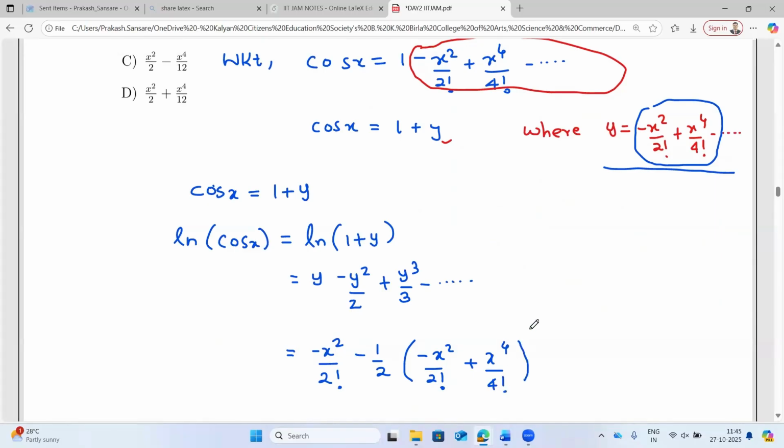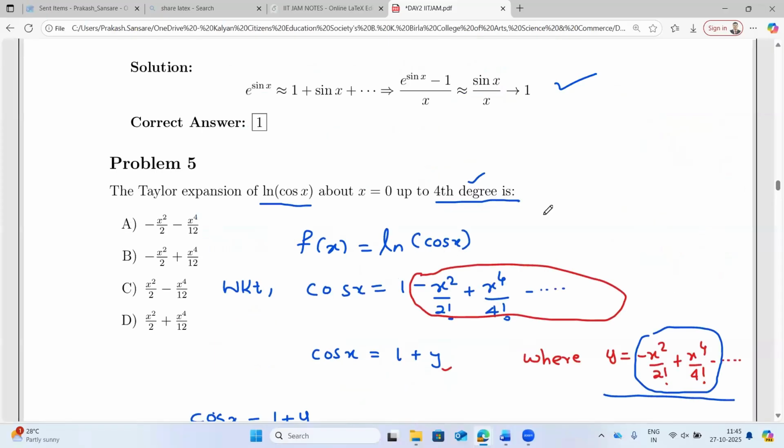Now y cubed will have terms of degree more than 4, so we will not consider it, because the question clearly asks to find up to degree 4.